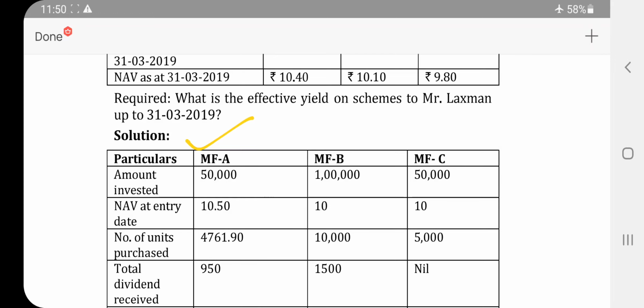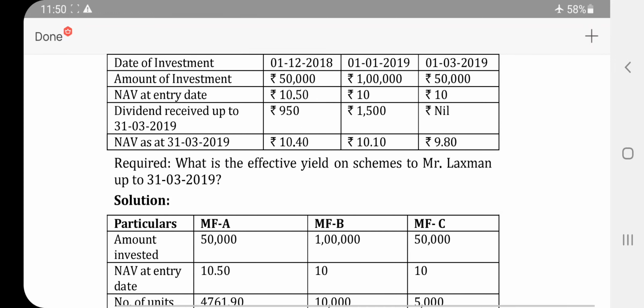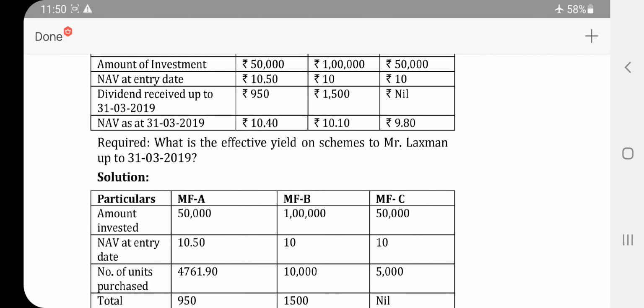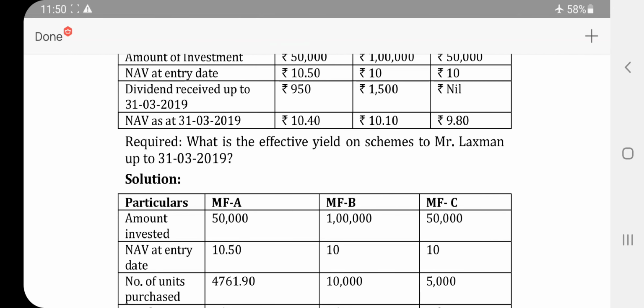So amount invested, you know how much amount is invested: 50,000, 1 lakh, and 50,000.